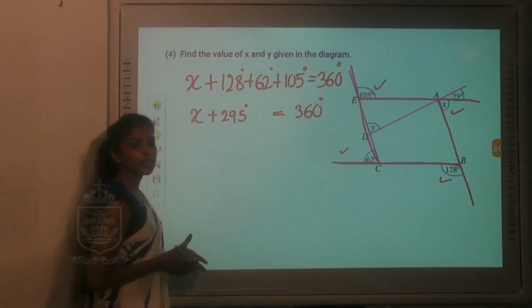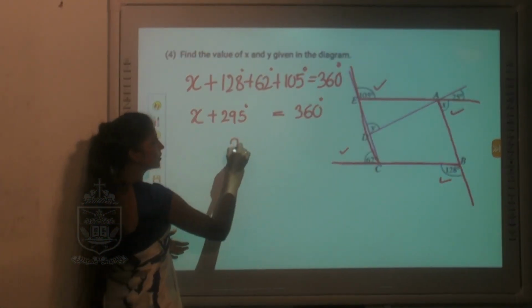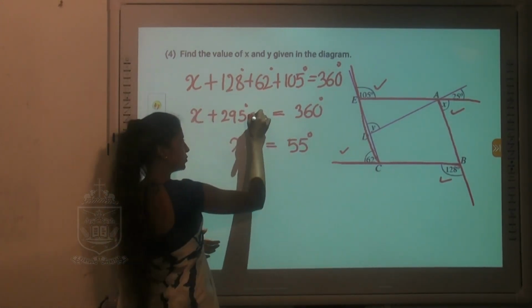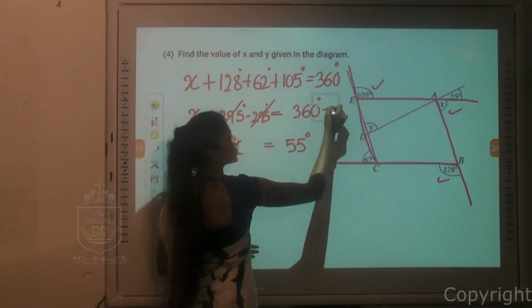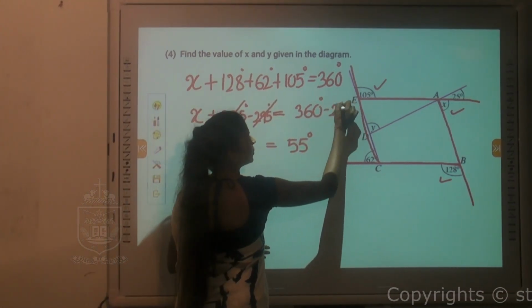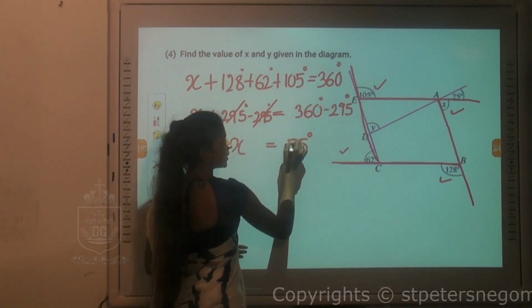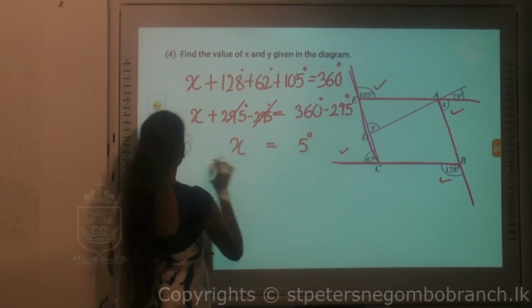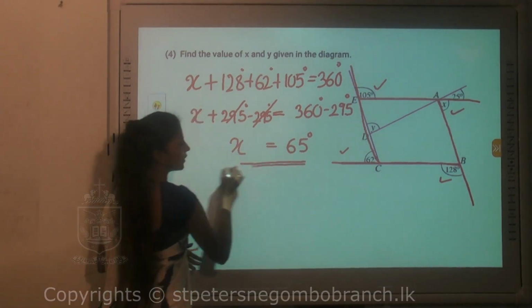Then you can subtract 295 from both sides. So it will cancel off. So our answer is 65 degrees.